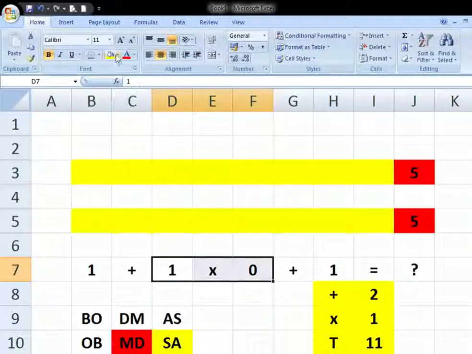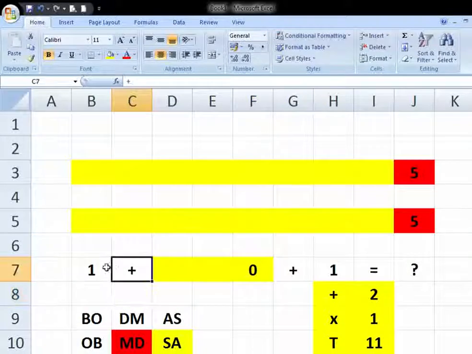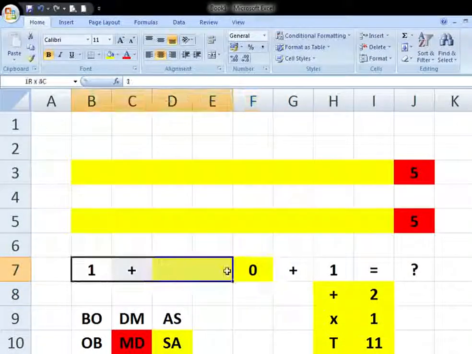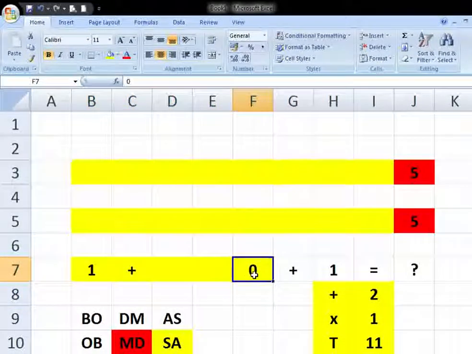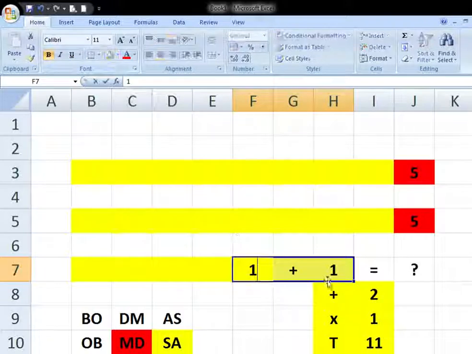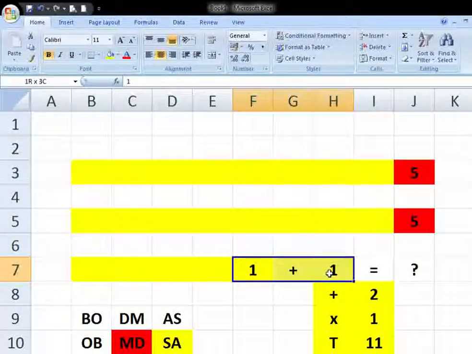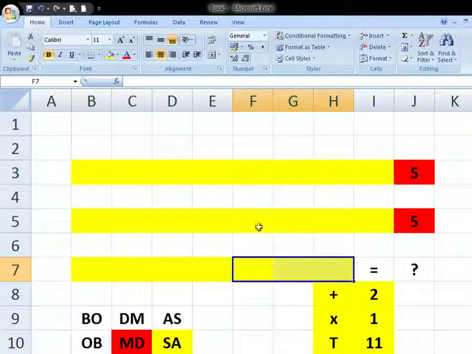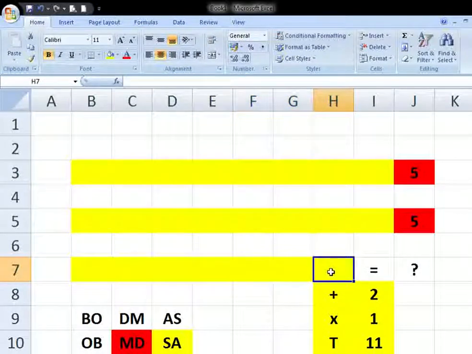Over here we have 1 into 0, that equals 0, and we have 1 plus 0, that equals 1. So we'll delete this and make it 1. Over here 1 plus 1 equals 2, so I'm going to delete that and write a 2 over there.